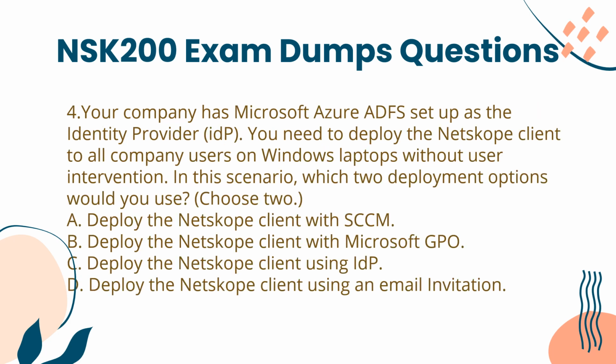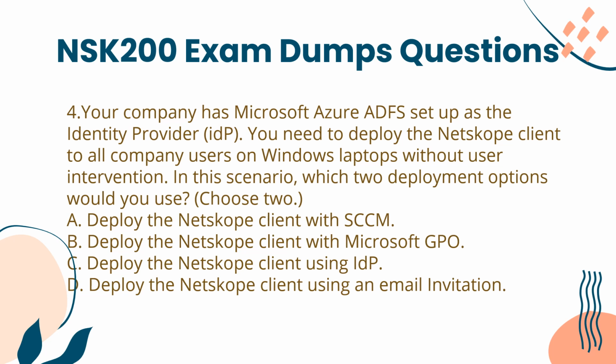4. Your company has Microsoft Azure ADFS set up as the identity provider, IDP. You need to deploy the Netskope client to all company users on Windows laptops without user intervention. In this scenario, which two deployment options would you use? Choose 2.